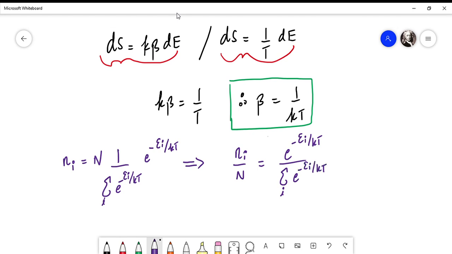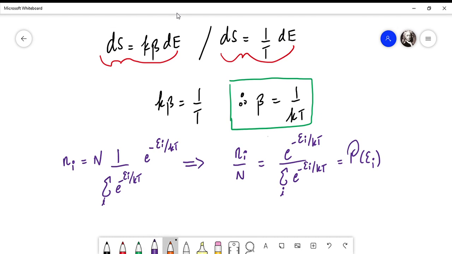Now this term here is also called a probability. If you remember, I said in the very last lecture that this was the probability of a particle having energy ei. So this is the equation that we have.